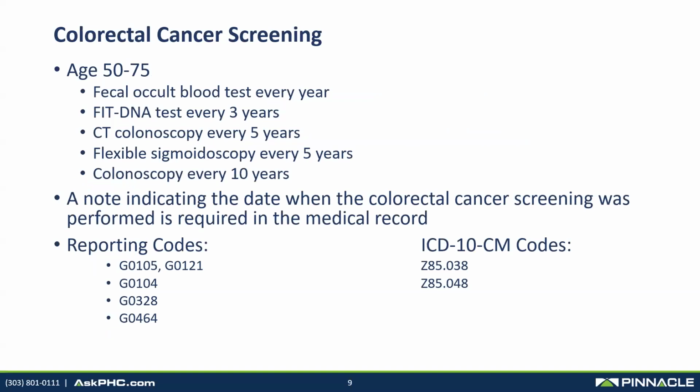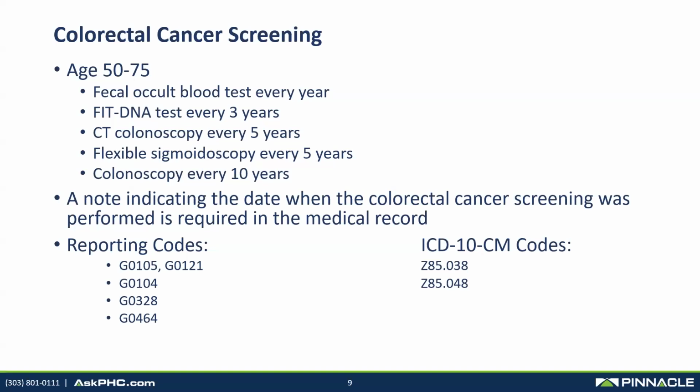Colorectal cancer screening, they age out at age 75. So the age capture for colorectal screening is 50 to 75. Once that patient meets the age of 76, you no longer have to pull or report colorectal cancer screenings. A fecal occult blood test can be performed every year. A FIT DNA test is only allowed to be performed every 3 years.